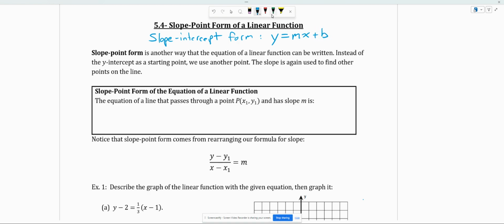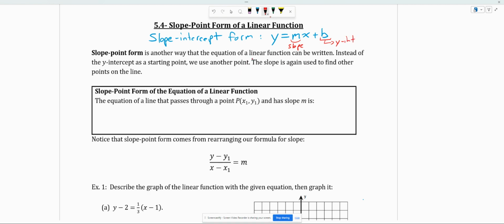It's called slope-intercept form, remember, because right here is our slope, our m, our rise over run, and right here we have our intercept, specifically the y-intercept.